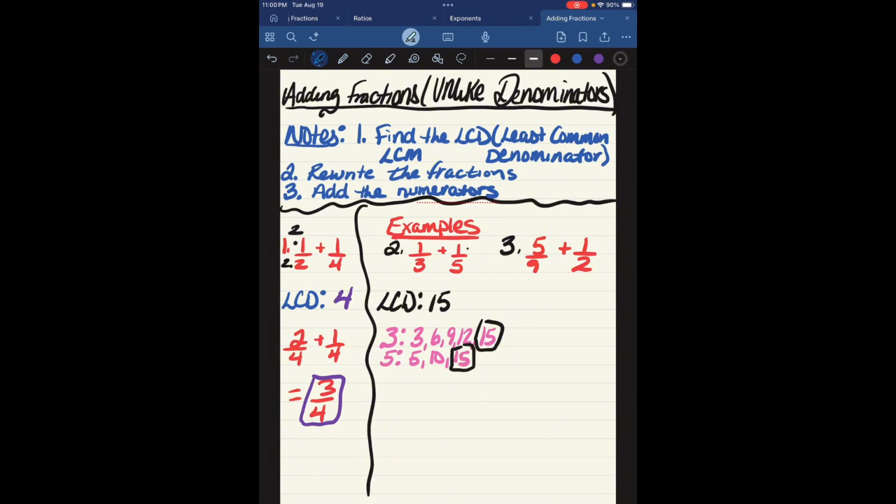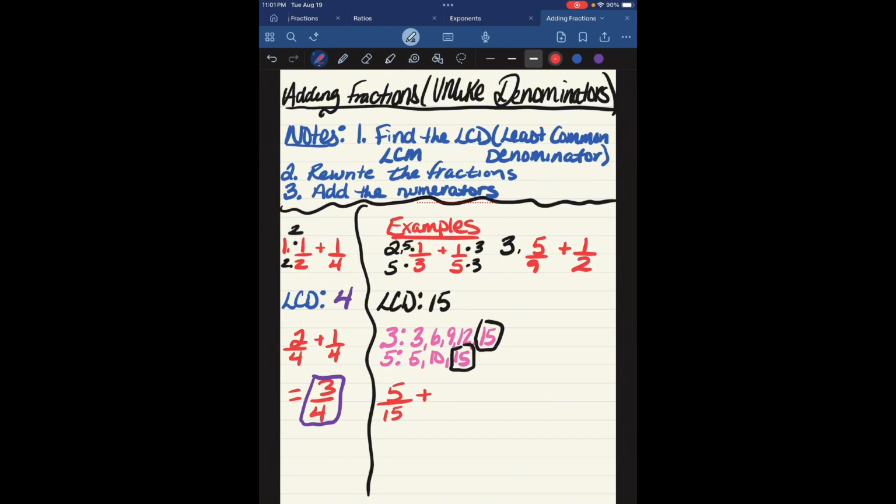So now we're going to rewrite these fractions. So 5 can go into 15 3 times, so we're going to multiply 3 on top and bottom for 1 over 5. And for 1 over 3, we're going to multiply by 5, because 3 can go into 15 5 times. So now 5 times 1 is 5, and 5 times 3 is 15.